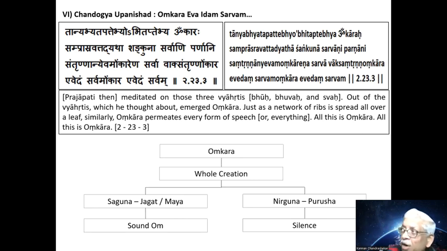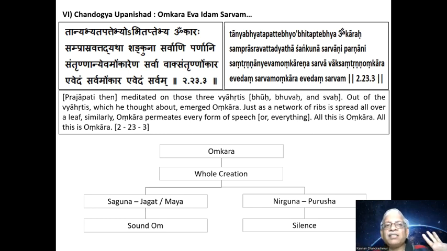This is how even the Chandogya Upanishad describes it. That needs a little bit more explanation, how the sound Om is Sarvam. It is explained in the first mantra of Chandogya. So again, what it says is, all this is Omkara.